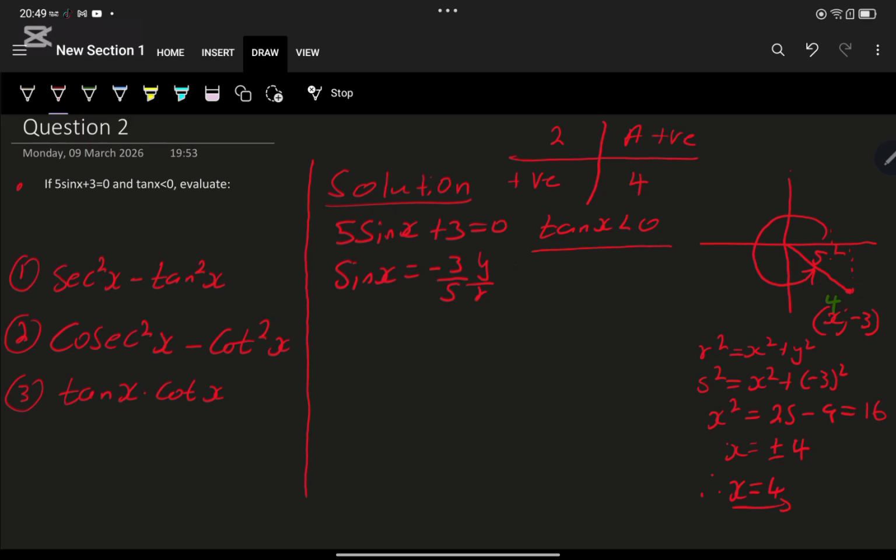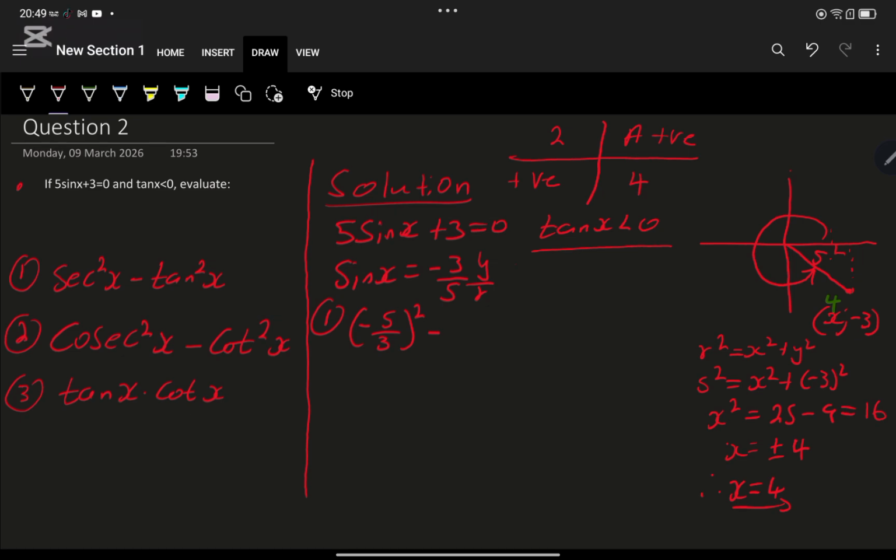Now that we've got all the information, we can evaluate the 3 given questions. Question 1, they say sec squared x minus tan squared theta. Sec is a reciprocal of cos. So what is the ratio of cos there? It's negative 3 over 5. Therefore, our ratio is negative 5 over 3 squared.